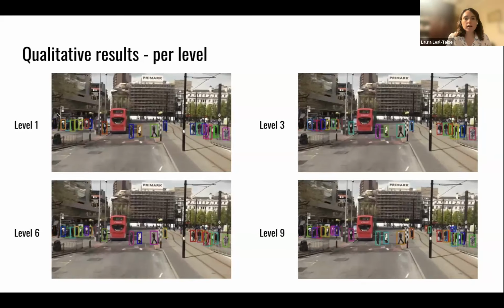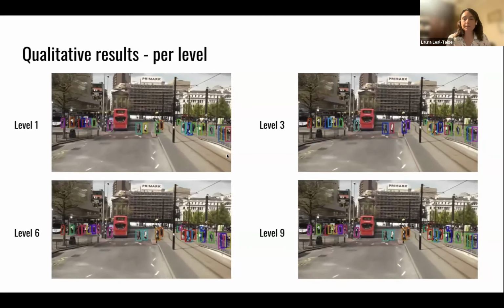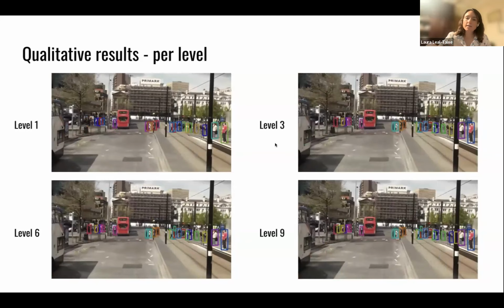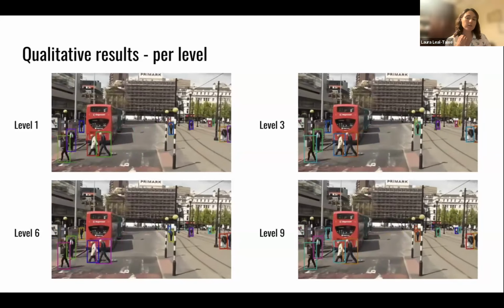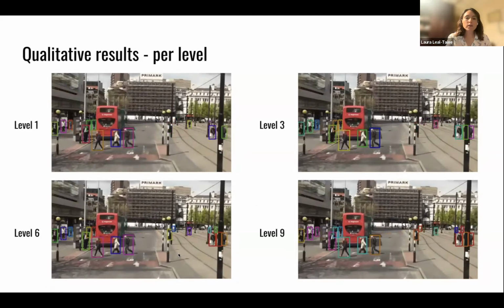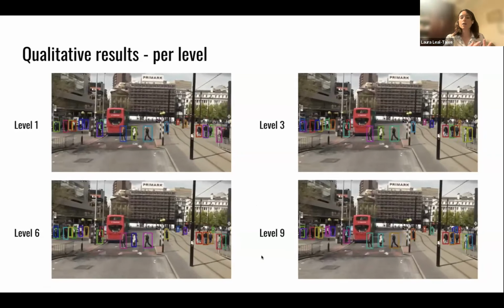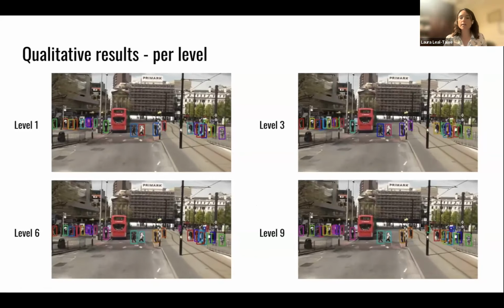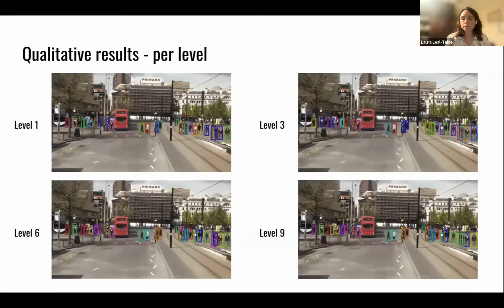So you see all the colors here flickering because these identities are changing every 5 frames. At level 3, we can see some more consistency. Tracklets get longer, 25 frames. Things are pretty much stable when we go to level 6, and very, very stable at level 9, where we can obtain very long trajectories, and we can even fill gaps across 500 frames.